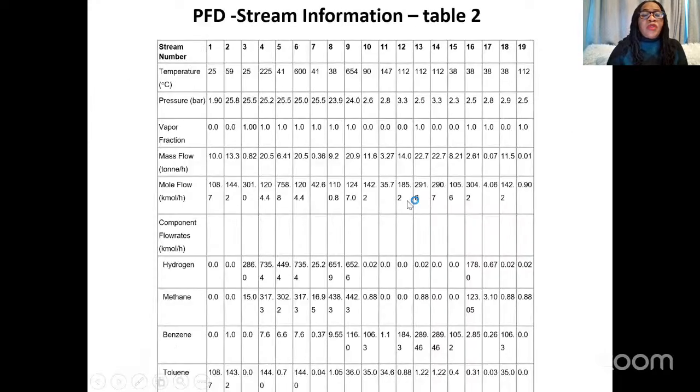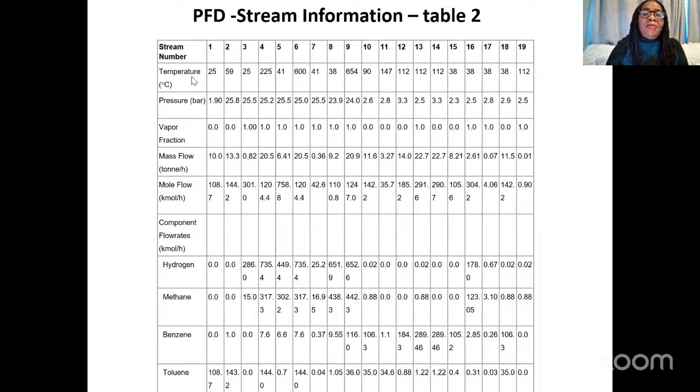Now these are process stream information, table 2. We have different streams there. Like I showed you, the one just directly below toluene has the diamond there with 1. That is stream 1. In that PFD, we have 19 streams.